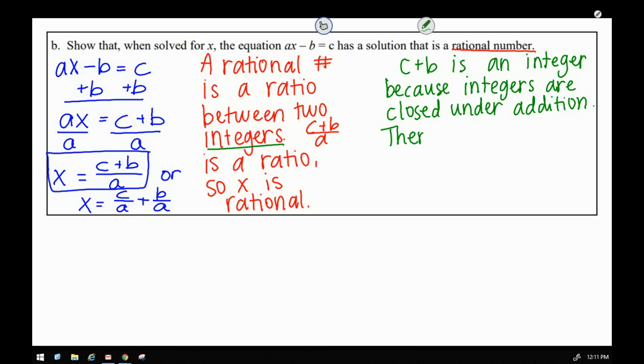Therefore, C plus B and A are both integers.